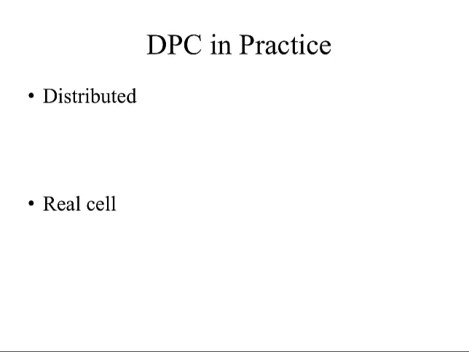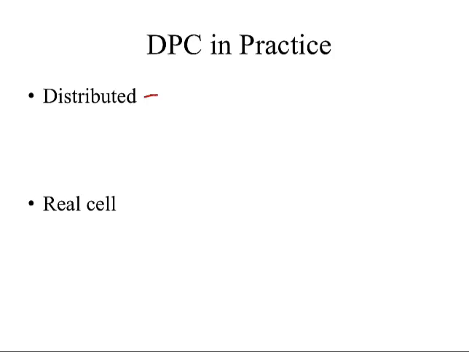And so now, just to make a few comments about DPC in practice. First of all, we said before that it's a completely distributed algorithm, and by distributed we mean that it's not centralized. Distributed and centralized are the opposite, and it allows each user basically to make independent decisions driven by their own needs.